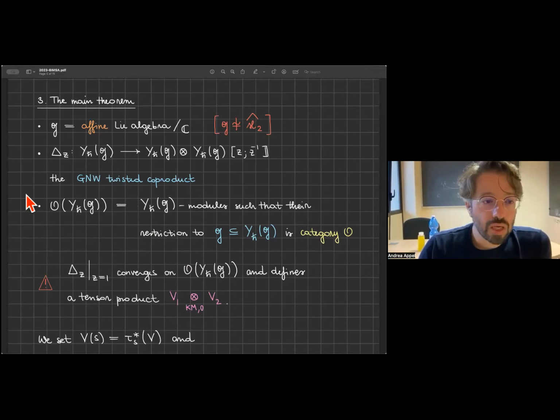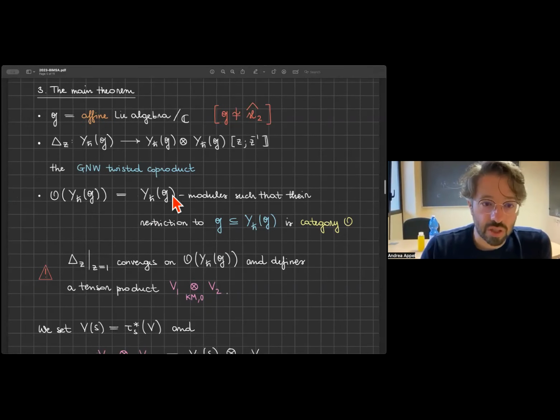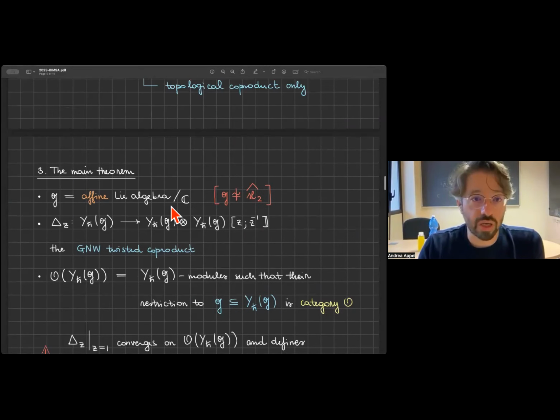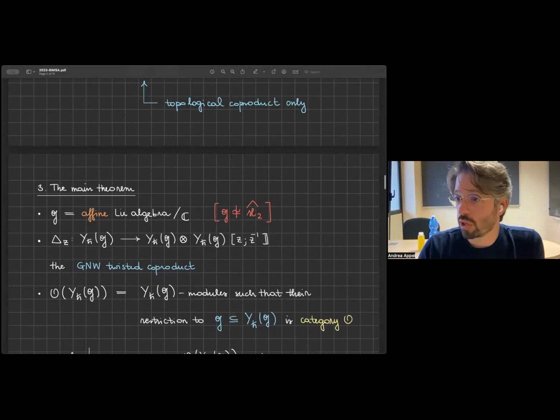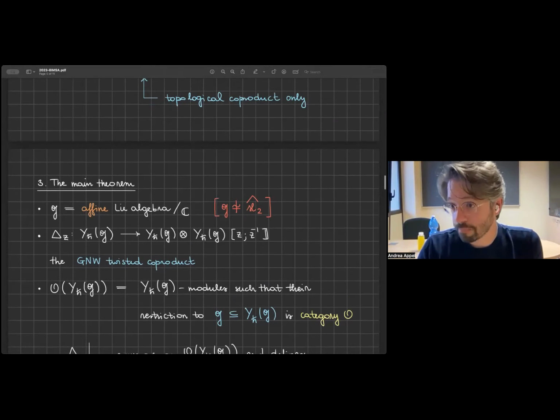Okay, so why do I want to consider this representation now? Because I was telling you before, there is this issue with this topological coproduct. So instead of working with these things algebraically in this clumsy setting, what I can observe is that if I take the twisted coproduct defined by Guay, Nakajima, and Wendlandt, then I can evaluate this coproduct on a tensor product of representations.